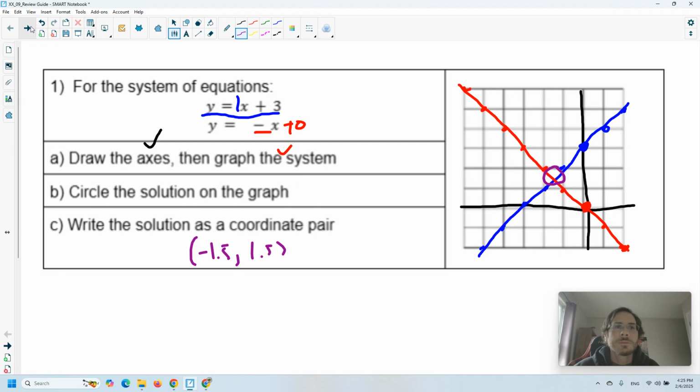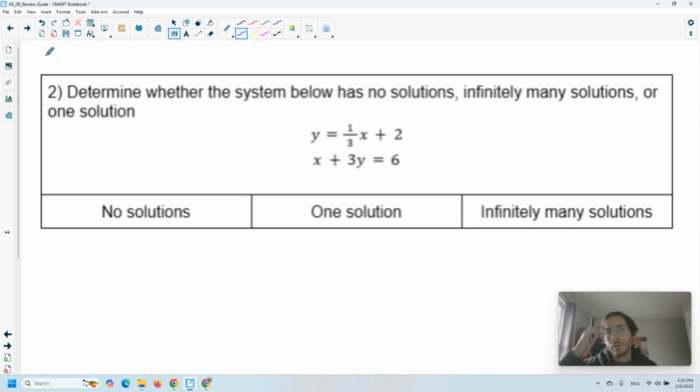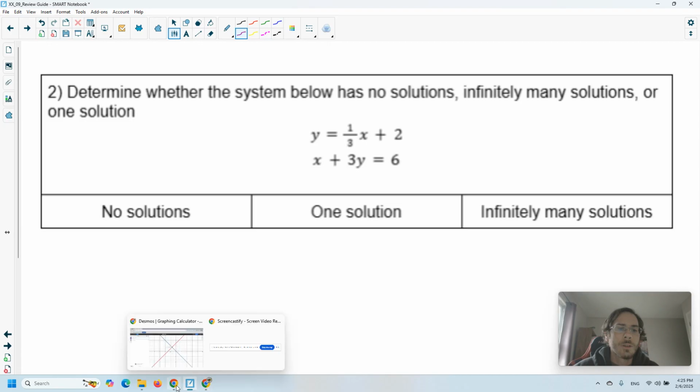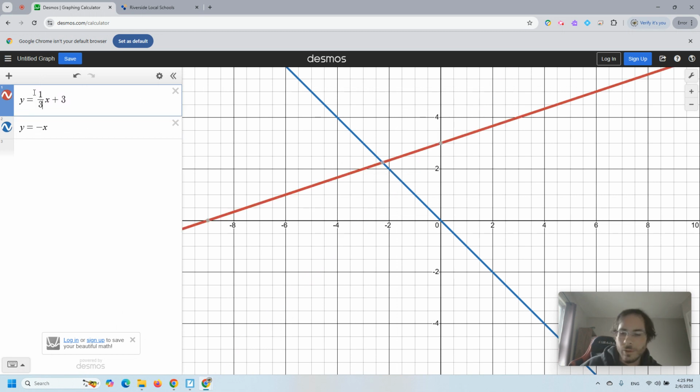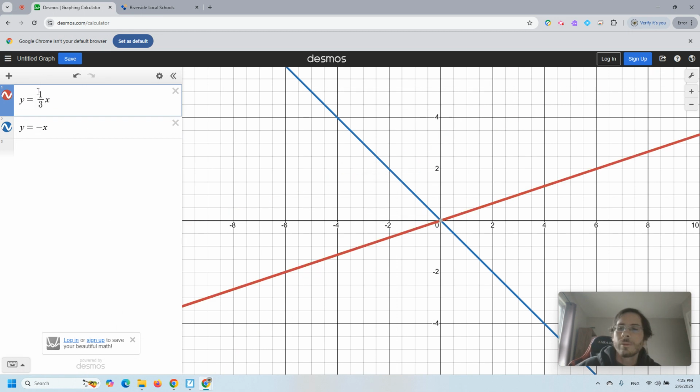So pretty nice. All right, for 2, determine whether we have no solutions, infinite solutions, or one solution. Now most people, again, are just going to graph this. So y equals 1/3 x. I totally forgot the rest of the equation. That's okay.